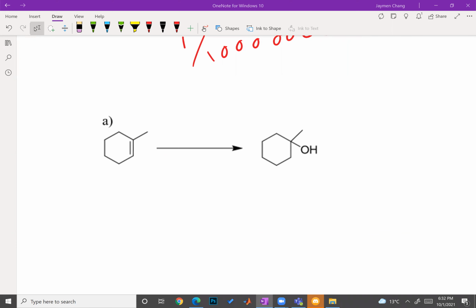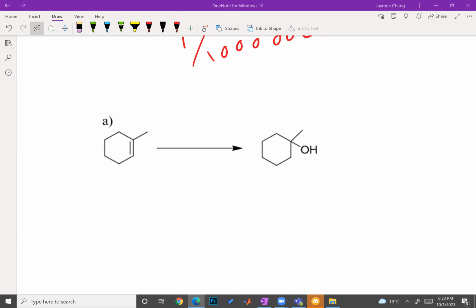The difference of pKa between a ketone and an ester. Okay, let me just double check the pKa's again. Do you happen to know the actual number? I forgot the number.